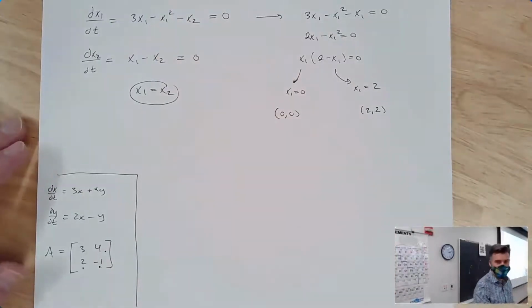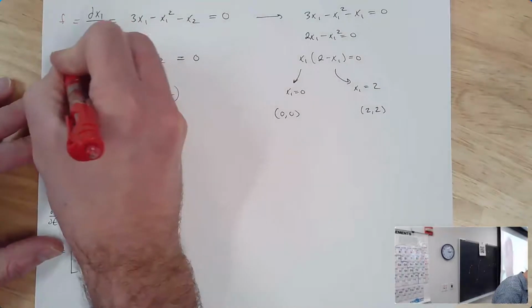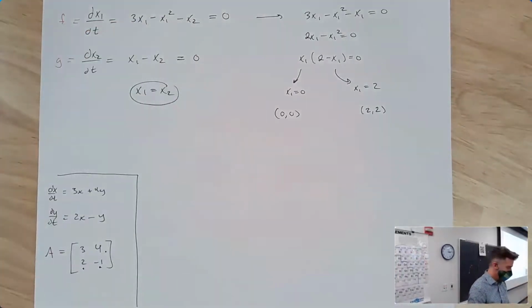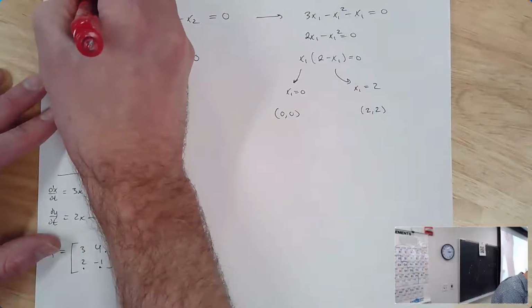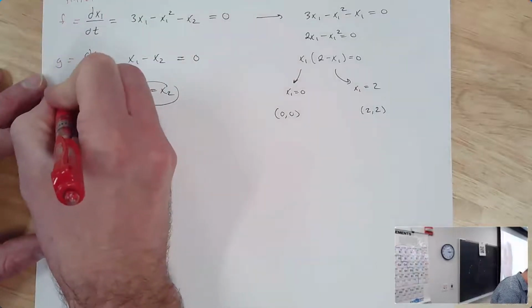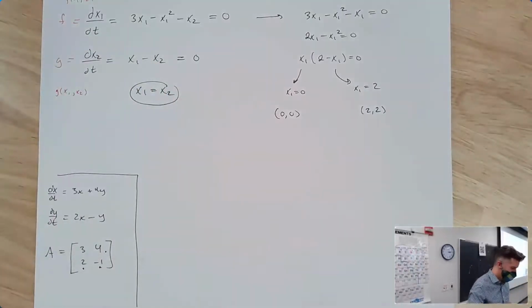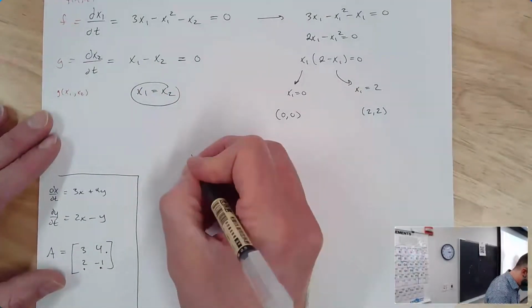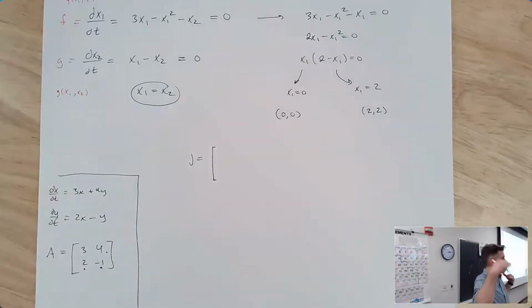Typically, people like to call the first one f and the second one g, or if you prefer, f of x1, x2 and g of x1, x2. You don't have to call it that. Here's how I remember the Jacobian: top function in the top, bottom function in the bottom; first variable in the first column, second variable in the second column.